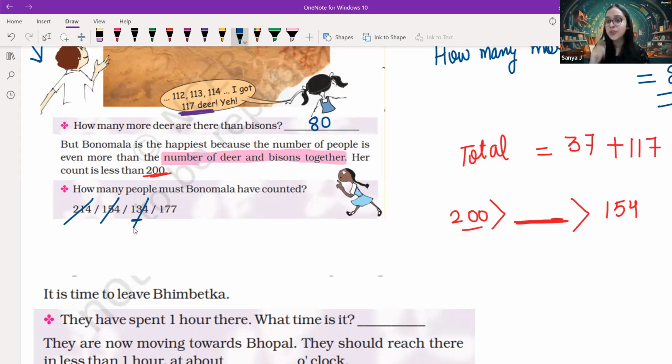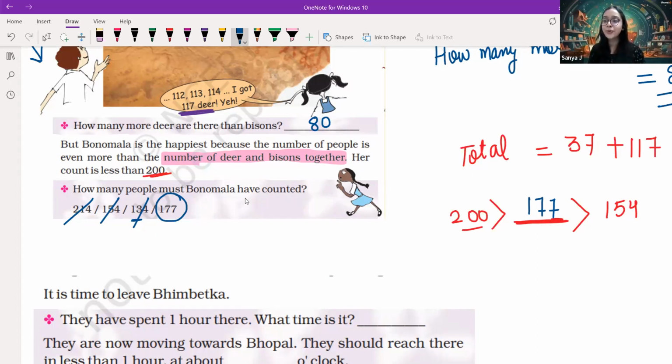The only option that can be is 177, because 177 is more than 154 but less than 200. So Bunomala must have counted 177 people.